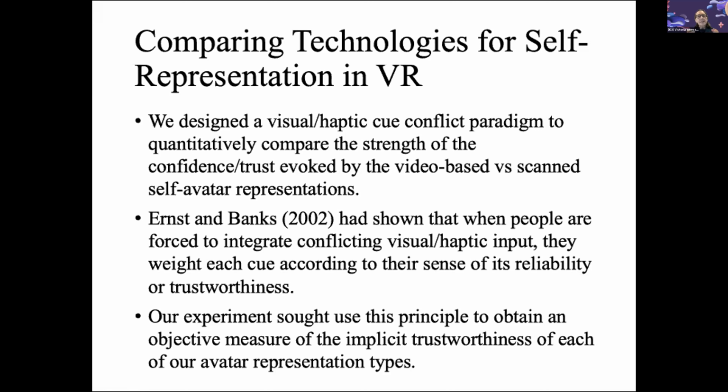This line of inquiry was inspired by a seminal paper by Ernst and Banks, published in 2002, where they showed that when you force people to integrate conflicting information from two different sensory modalities, in particular vision and touch, people weight each of these cues according to their sense of the cue's reliability or trustworthiness. So we sought to use this principle to objectively measure the implicit trustworthiness of each of our avatar representation types.